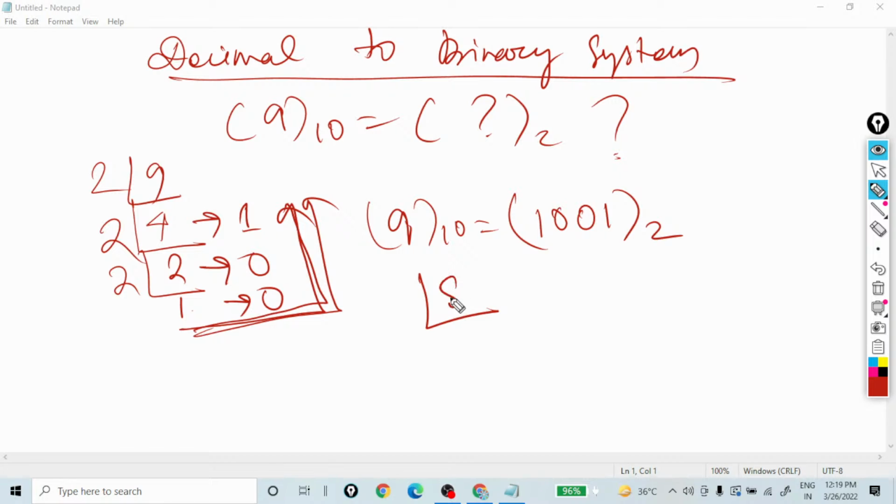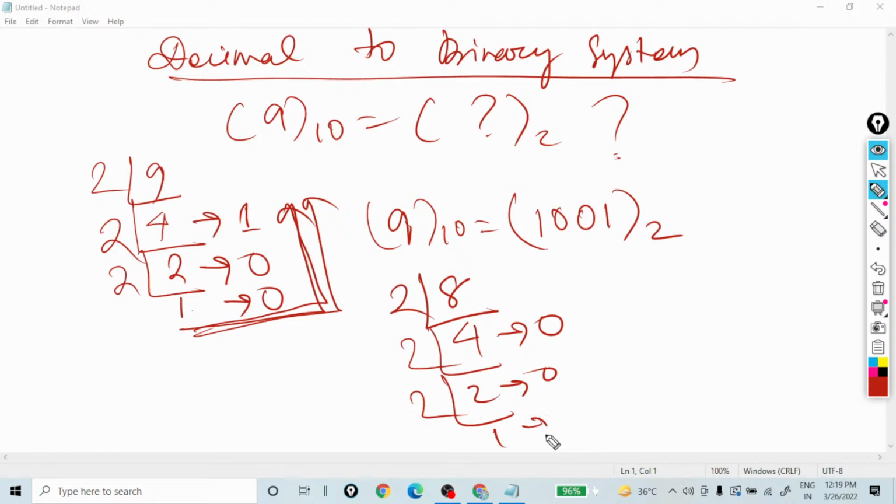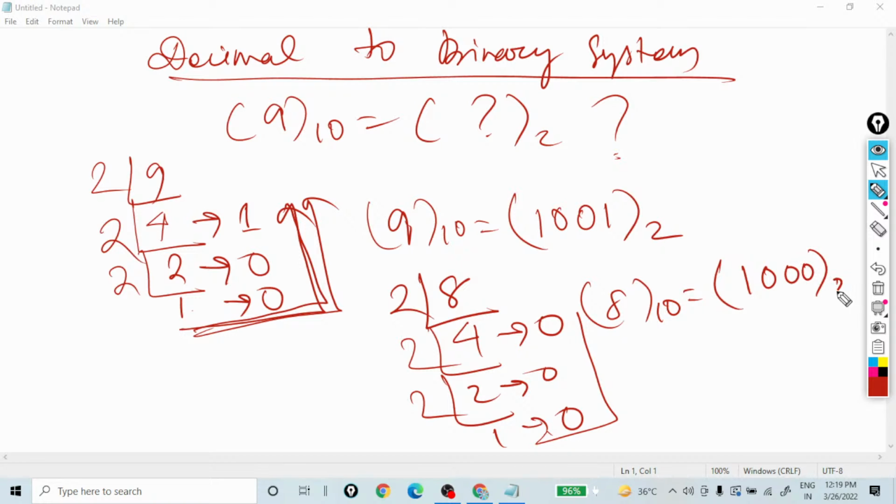For example, similarly, if we consider 8, then 8 by 2 is 4, remainder 0, then 2, remainder 0, then 2, remainder 0. So decimal 8 will be 1 0 0 0 in binary system. So this is the conversion from decimal to binary system.